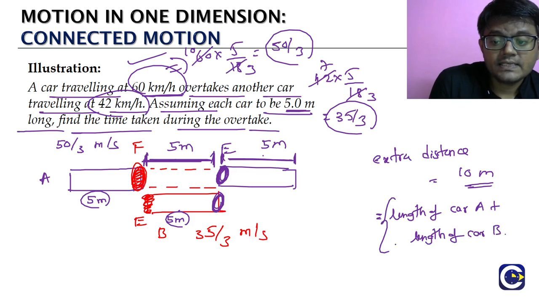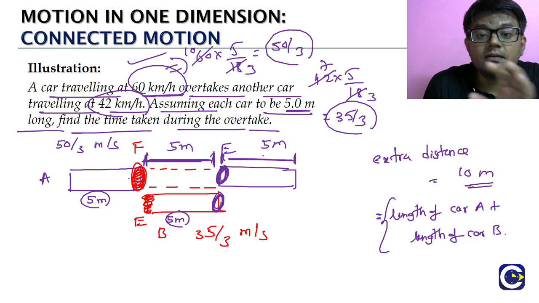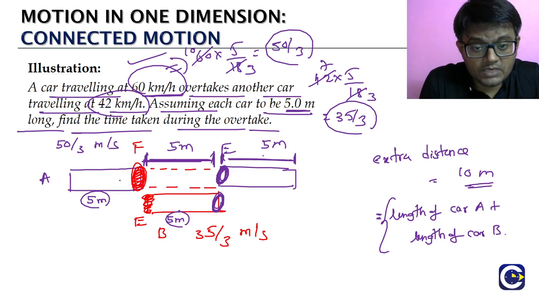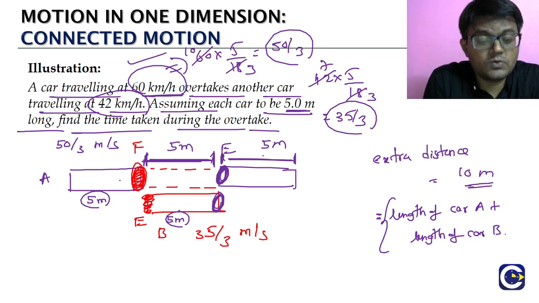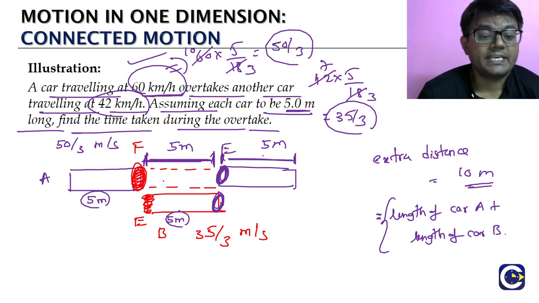But for a complete overtake, car A should travel an extra distance of car A's length plus car B's length, which in this case are both 5 and 5. So totally it is 10 meters. You get it? So this is the concept of overtaking.